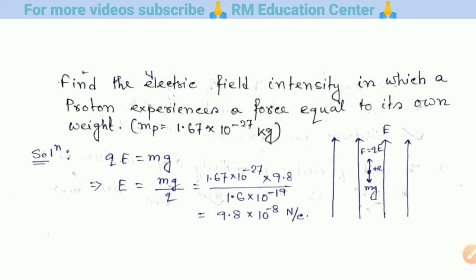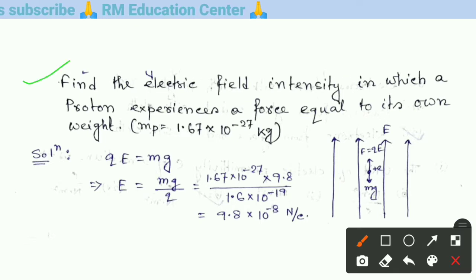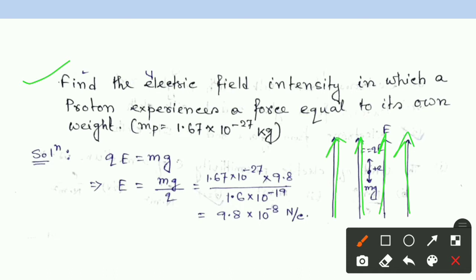Next question: find the electric field intensity in which a proton experiences a force equal to its own weight. Here mp is given. Now suppose the electric field is directed like that, and inside it suppose a proton is placed. Now a positive charge experiences force along the direction of the electric field.